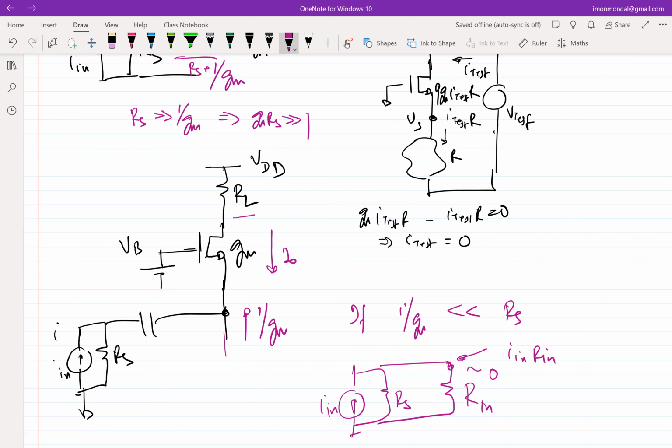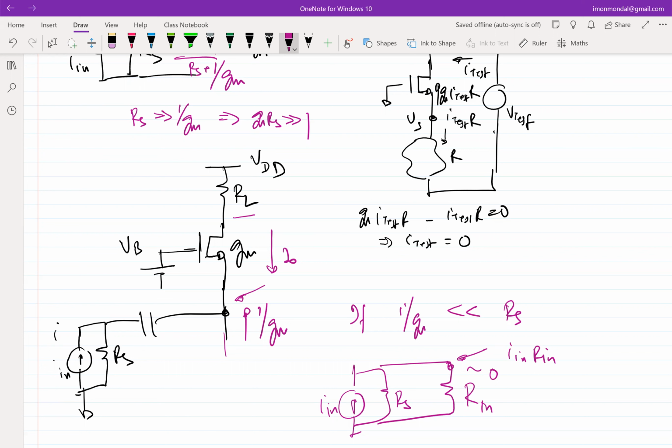Right? So you are adding an incremental current I in, but you are not seeing any change in the voltage at that node. You are putting in a current, but no change in voltage, which means it's a short. It looks like a short, but it's not an actual short because it's not going into a ground. It's a virtual short.